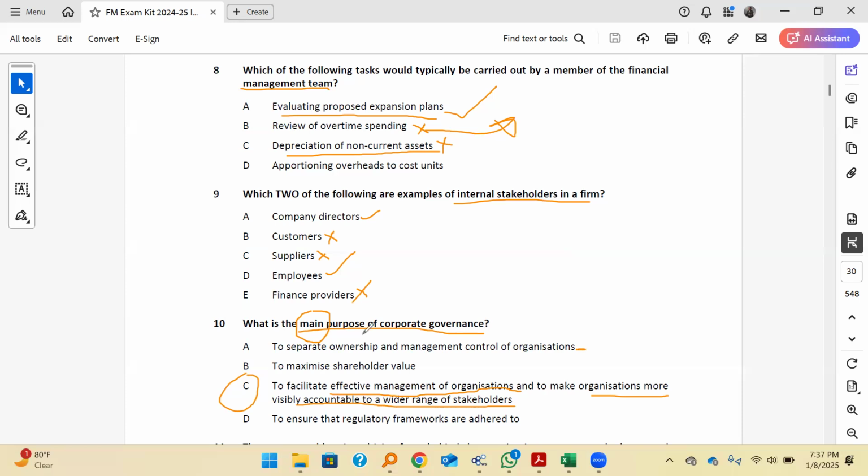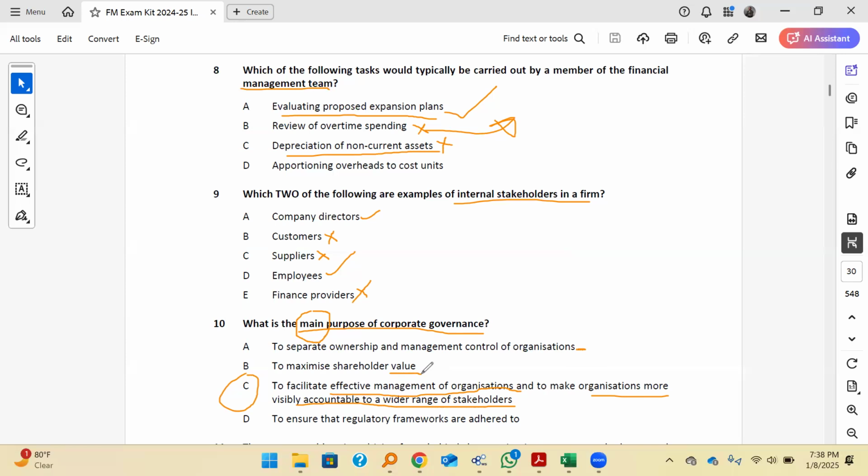But this is not the main objective. Maximizing shareholder value is an objective, as you can see, but it's not the main objective, because corporate governance is trying to bring in the directors so that they are able to do as is expected for other stakeholders, not just shareholders.